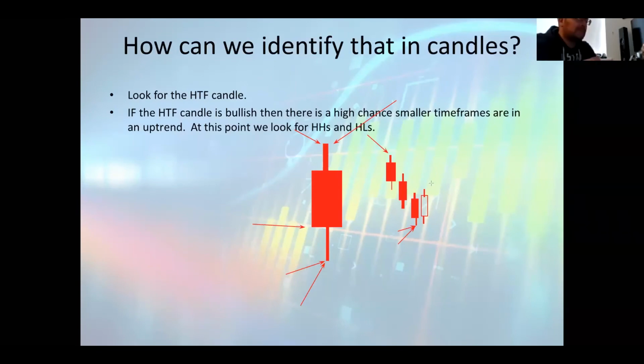When the 4-hour candle went bullish, it left a wick on the daily candle, and that's where we have the close. So on a 4-hour, it might seem like we are heading up, because we have this bullish candle forming right over here.